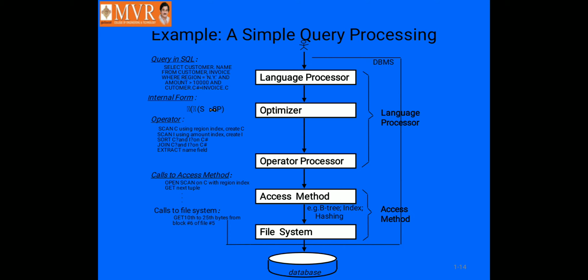The simple query processing: the user has to use a language processor with SQL commands, and it goes to the optimizer and operator processor. Then it has an access method, file system and the database.